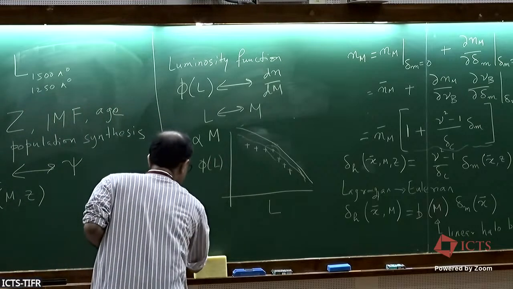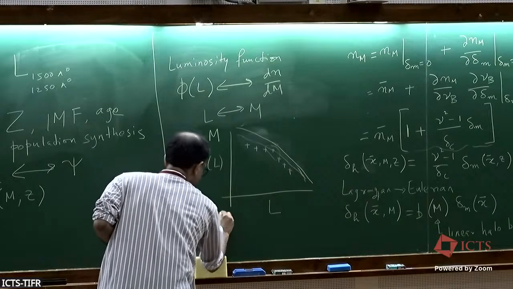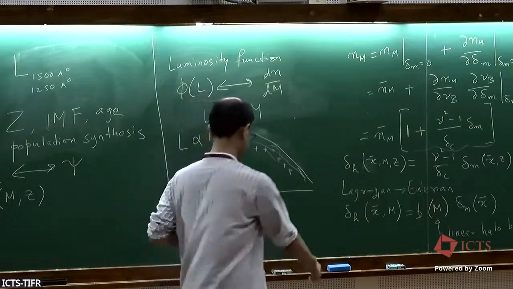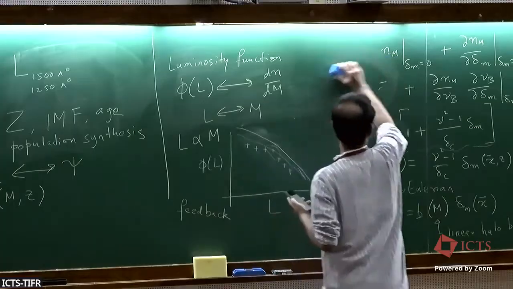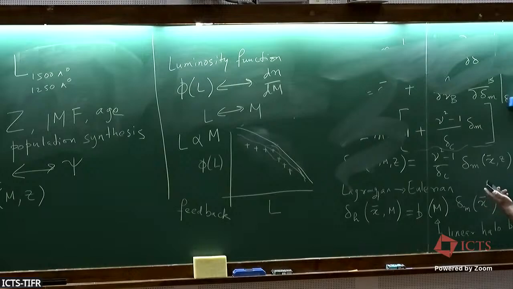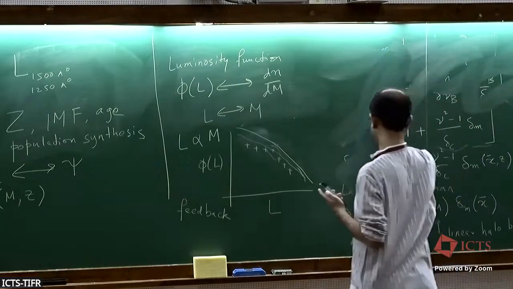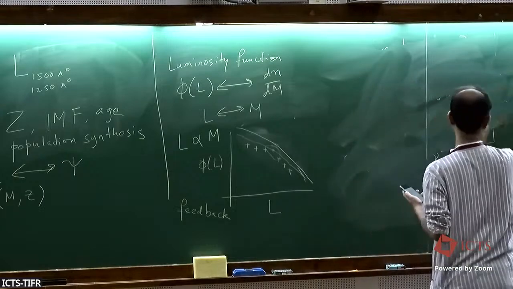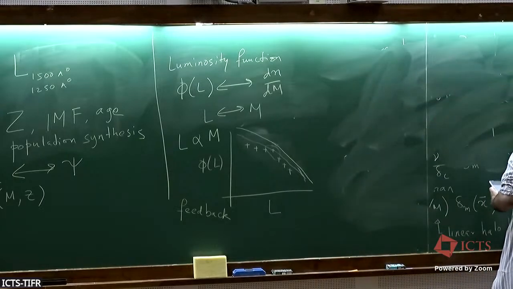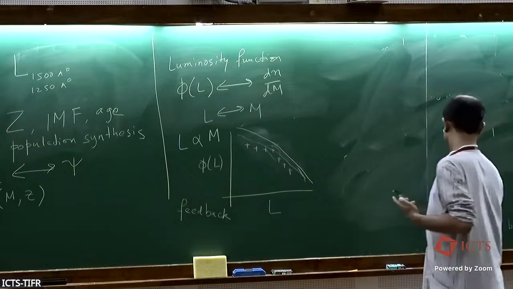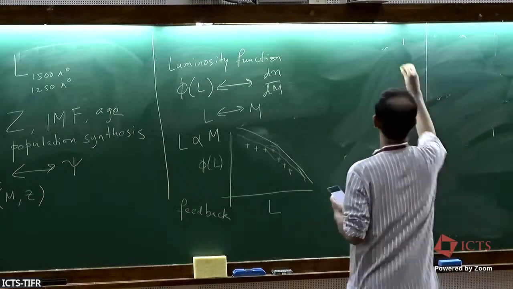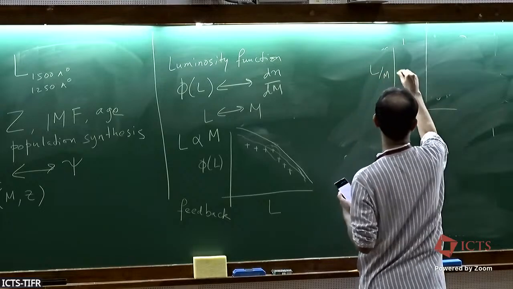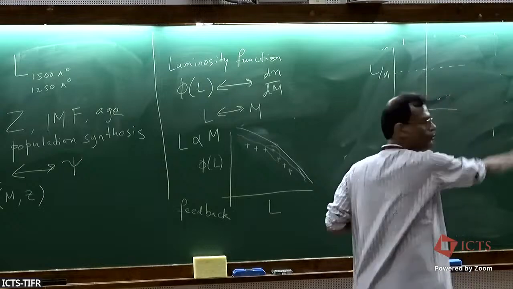And people then came up with the concept of feedback. Basically, what happens is L is not proportional to M. Rather, if you try to plot L by M versus M, initially you wanted it to be a constant.